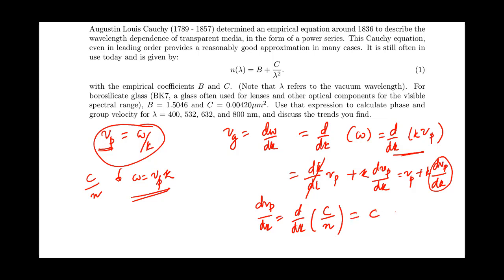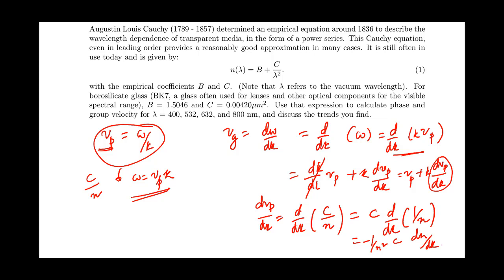I can write this as c times d by dk of 1 over n, which gives me minus c over n squared times dn by dk, where n is the refractive index. Remember that the refractive index is not really a constant.